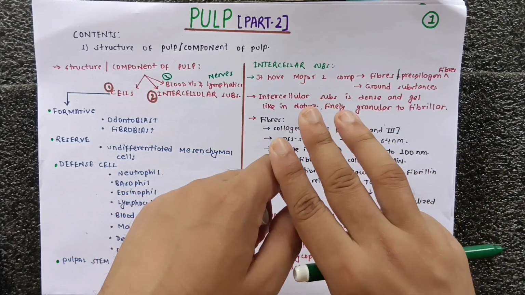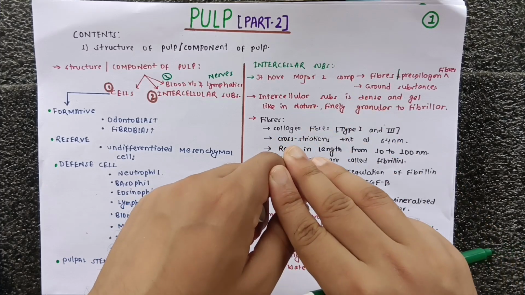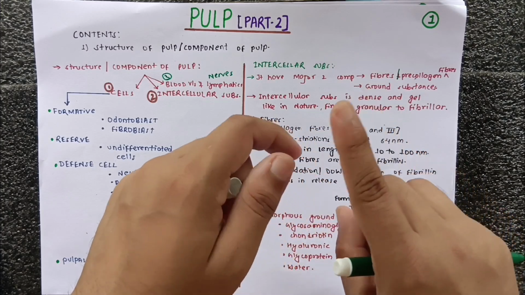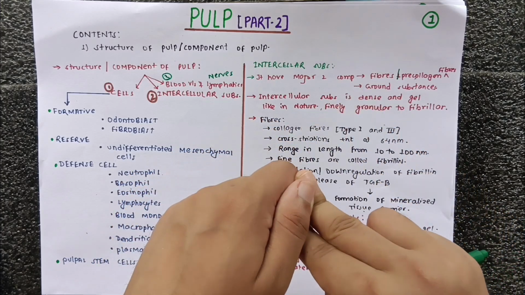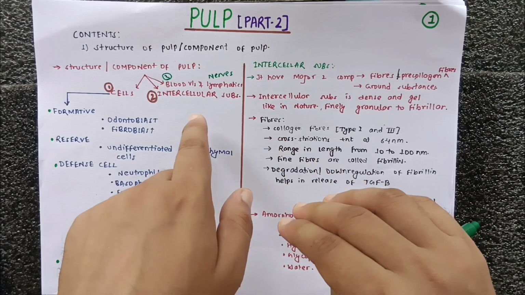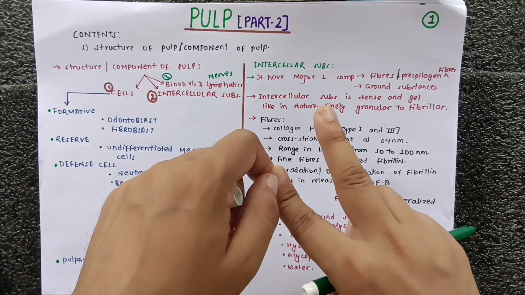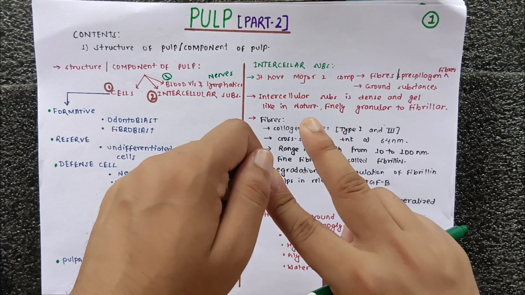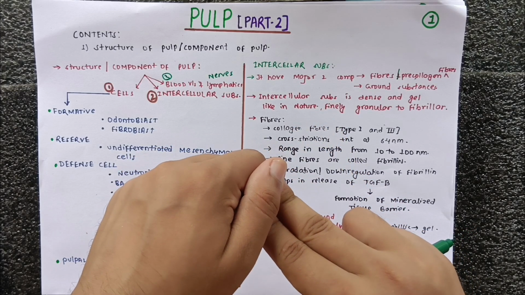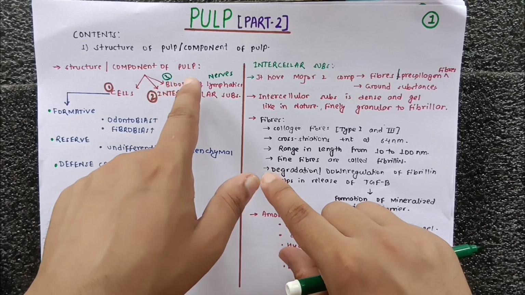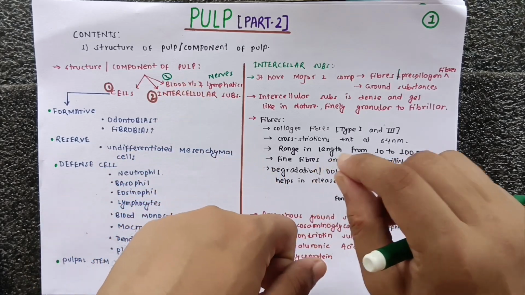In the cells we have 4 different types: formative cells, reserve cells, defense cells, and pulpal stem cells. In the intercellular substances we have 2 major components: fibers, or pre-collagen fibers, and ground substance. Our major third component of the pulp is blood vessels, nerves, and lymphatics.